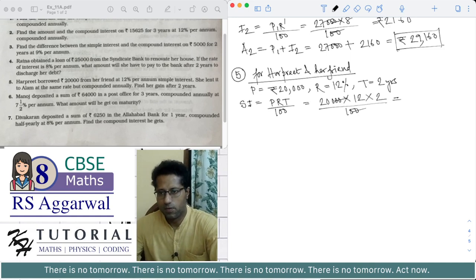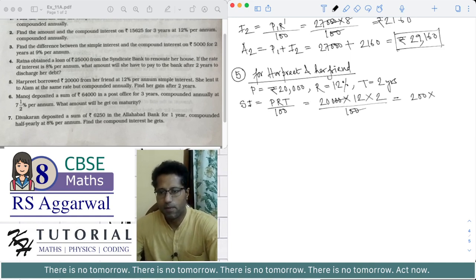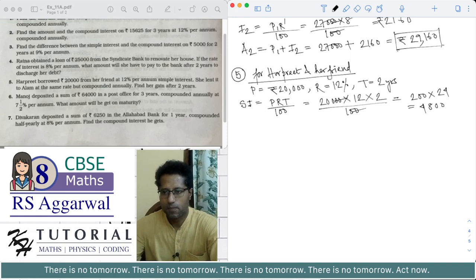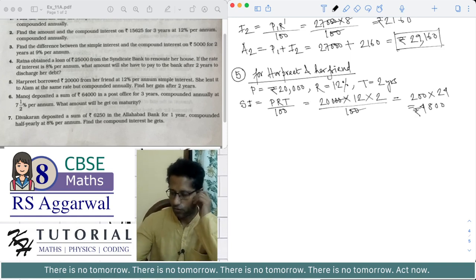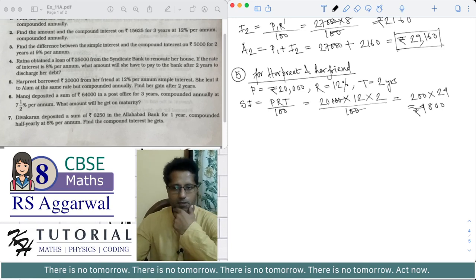This is equal to 20, this is equal to 200 multiplied by 24. This is equal to 4800. Rupees 4,800 is the simple interest that Harpreet needs to pay to her friend.